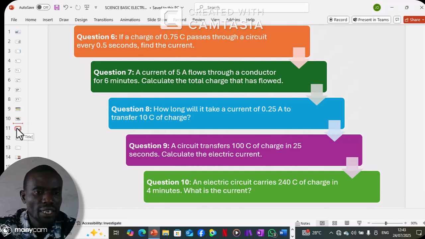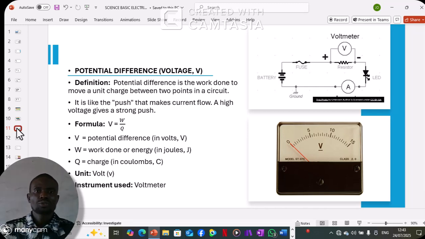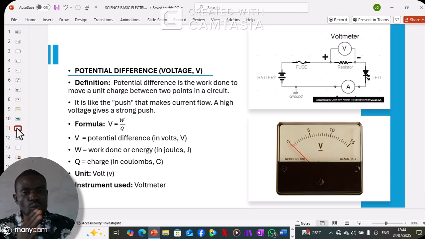Now today, I want us to go into another important aspect of electricity. After I have explained electric current as the flow, the movement. So electric current has to do with flow of charges. That is when electrons, also known as charges, move from one point of a wire to the other, then what is called current is produced.